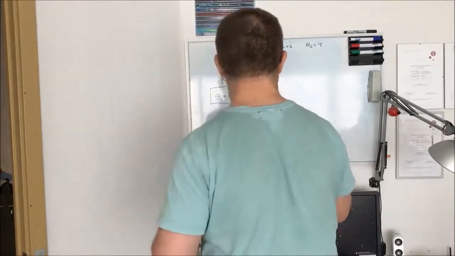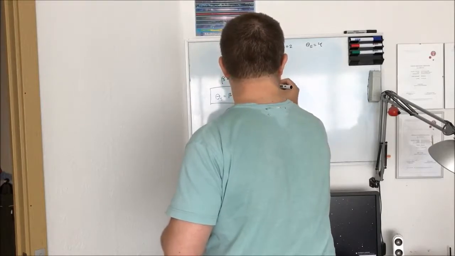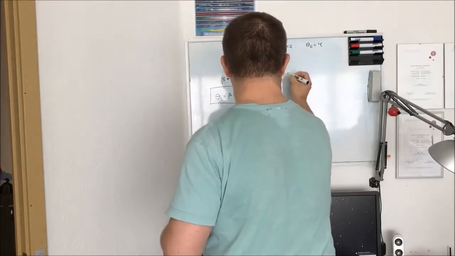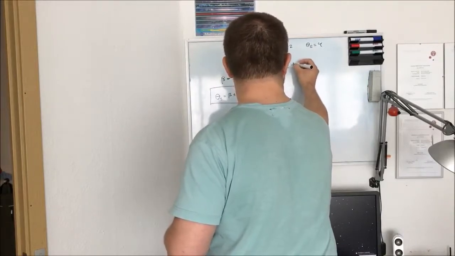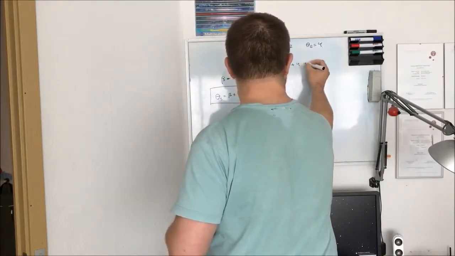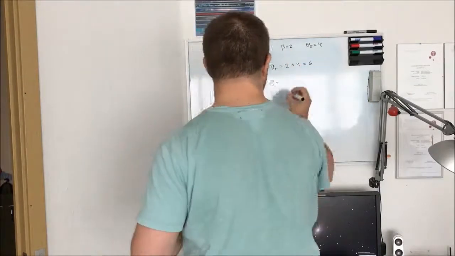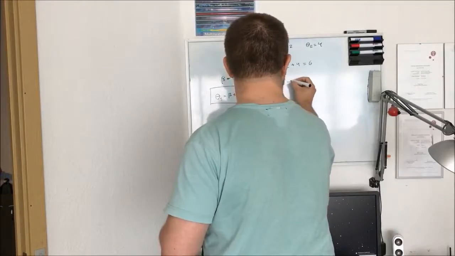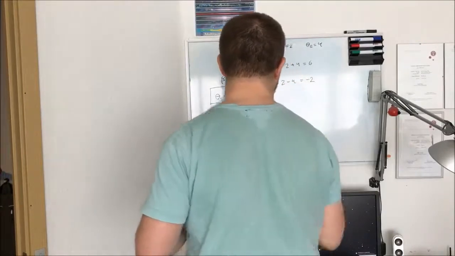From this, we get a theta plus and a theta minus. So let's look at theta plus. It's beta, so it's 2, and it's a plus 4, that's 6, and for the minus, we get 2 minus 4, and that's equal to minus 2.